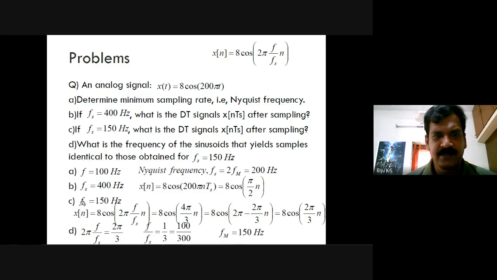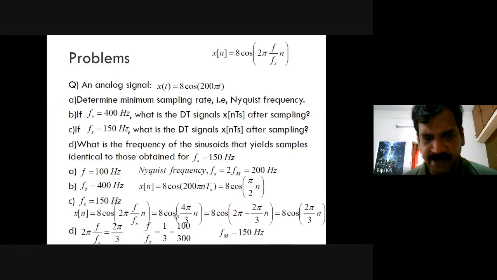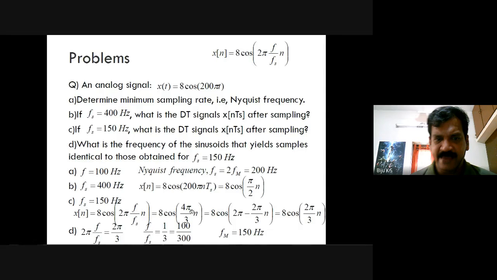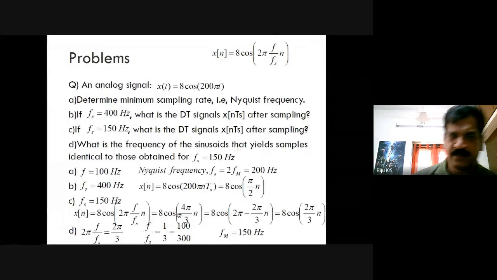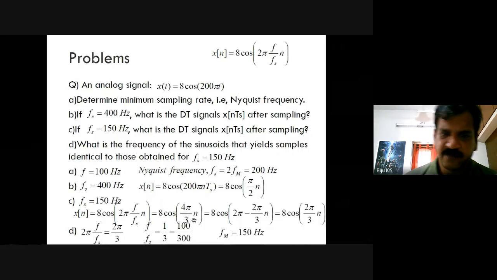And similarly, what happens if it is undersampling? Fs is less than 150 hertz. Similarly, 8 cos of 2 pi f by fs into n, where f is 100 and fs is 150. So 2 pi into 100 by 150 into n, which is equal to 8 cos 4 pi by 3 n.